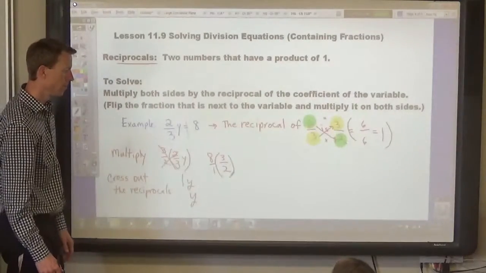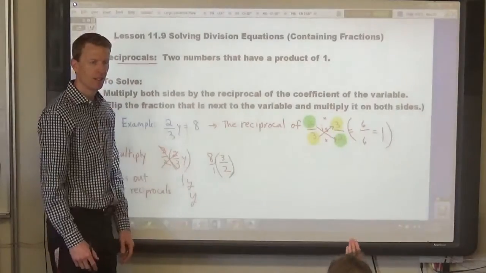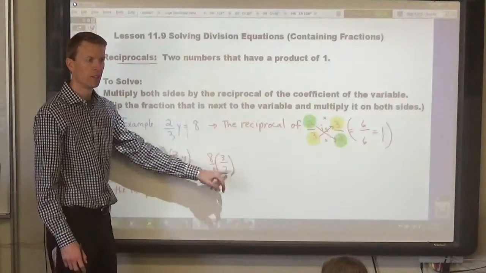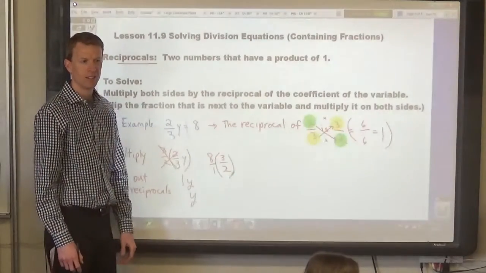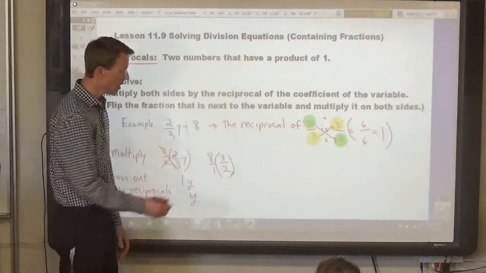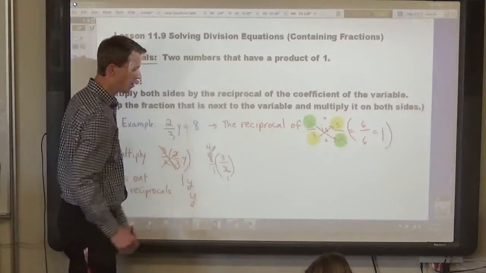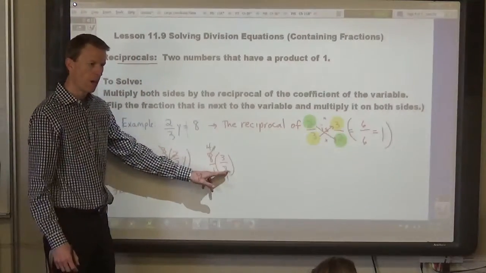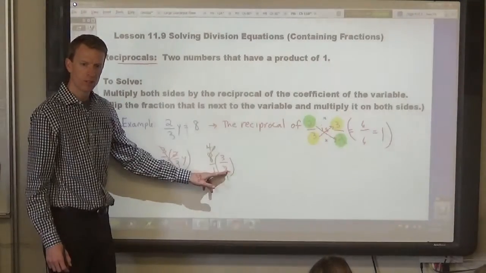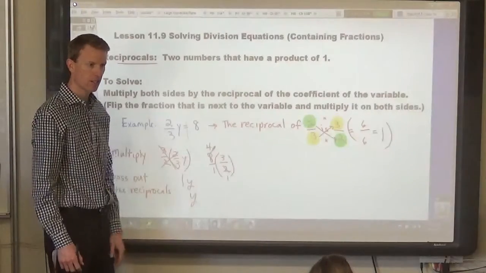Now, can we reduce this? What's 8 over 2? How can you reduce that before multiplying? 4 and 1. Yeah, it's 4 and 1. Okay, there's 1 two in 2, and there's 4 twos in 8.